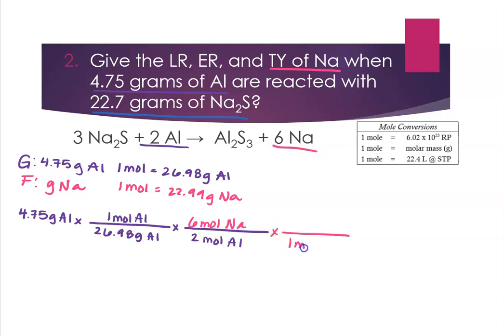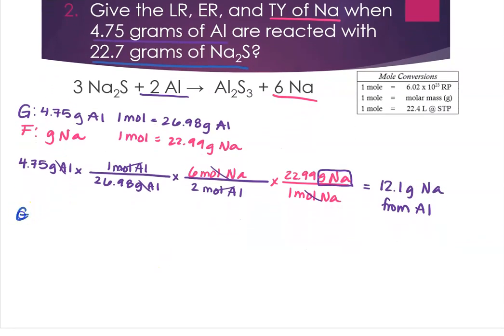And then lastly, I'm going to convert moles of Na into grams, so I put 22.99 grams on top. So grams Al cancel with grams, moles Al cancel with moles, moles Na cancel with moles Na, and I'm left with grams of Na. All right, so when I do this math, I get 12.1 grams of Na from the aluminum.